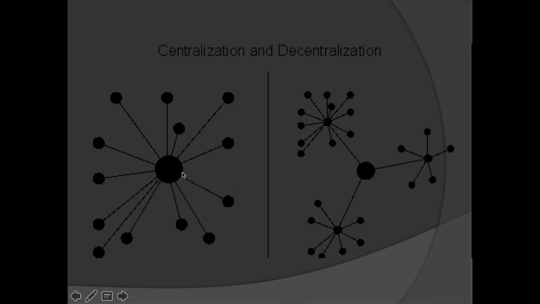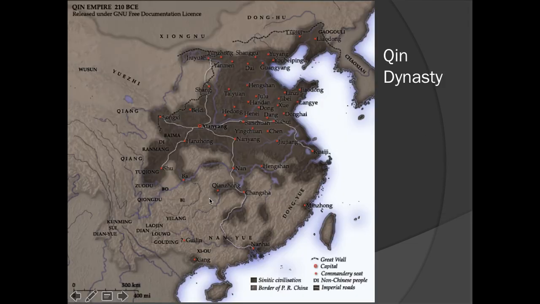So centralization, think tight, powerful rule by the government, whereas decentralization, weak central governments, where there's more power spread out amongst different levels of government. All right, so have that view anytime we talk about centralization in this course.